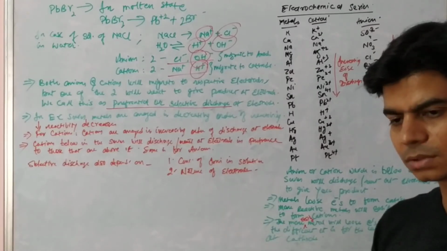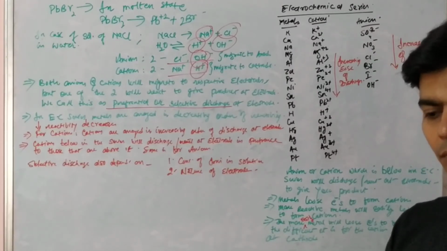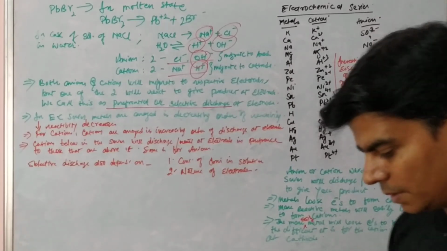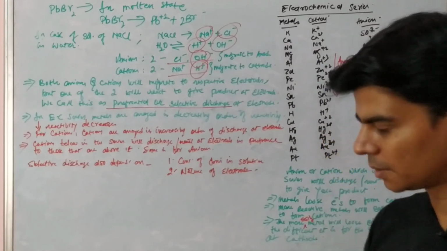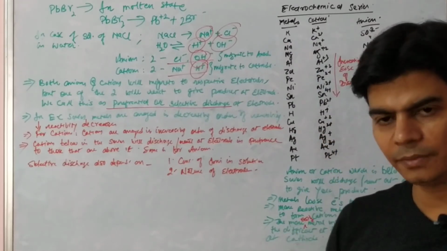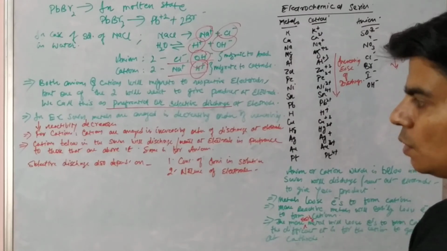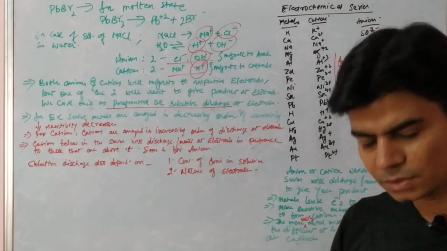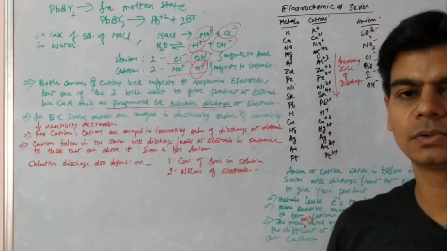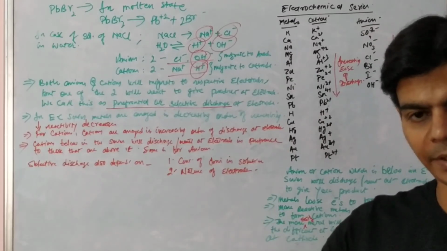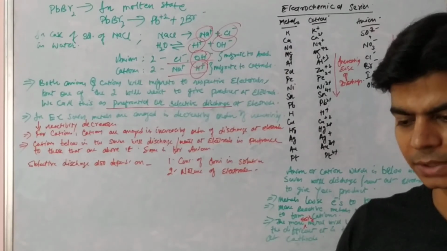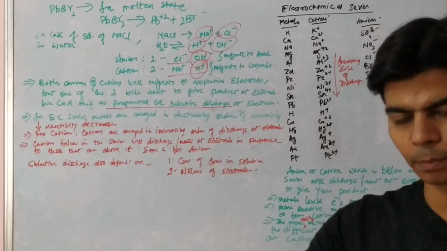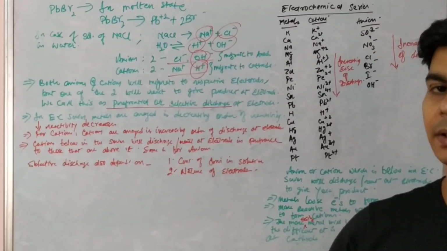So the product we obtain at the electrode depends on the nature of the electrode. We will study the electrolysis of copper sulfate in a future lecture. If we perform electrolysis of copper sulfate with copper anode and copper cathode, then at the anode, when the copper is the anode, we would not get any product.